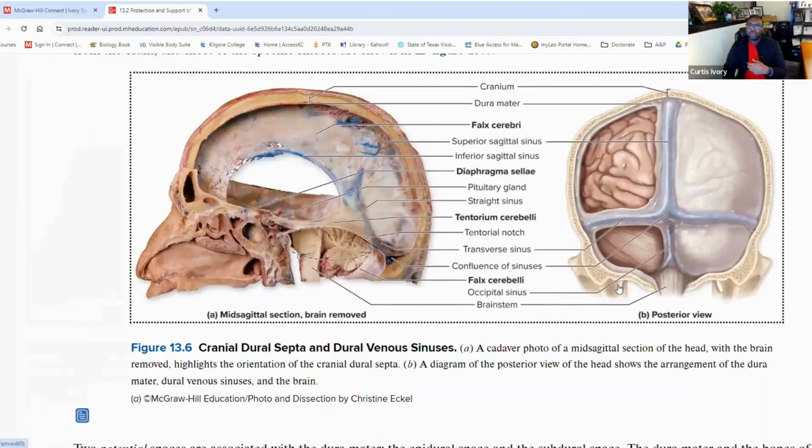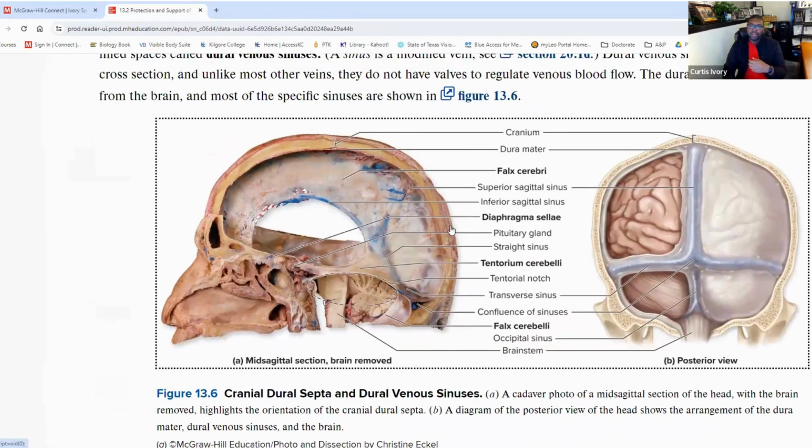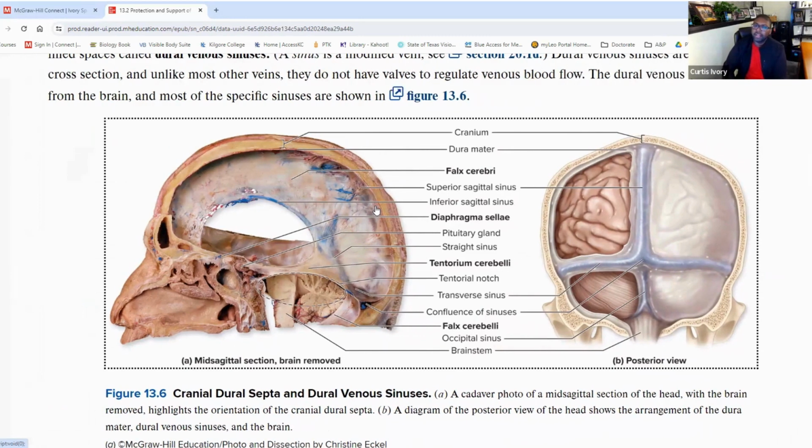So if we look even closer, this is an actual cadaver. And here we can see what's called the falx cerebri, which is a very thin layer or membrane that helps separate the lobes. Now, if you remember me saying at the very beginning that the corpus callosum, which is going to be right in the space here, is what's going to connect.